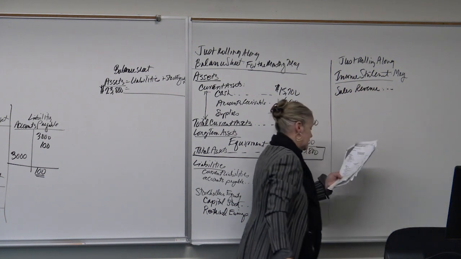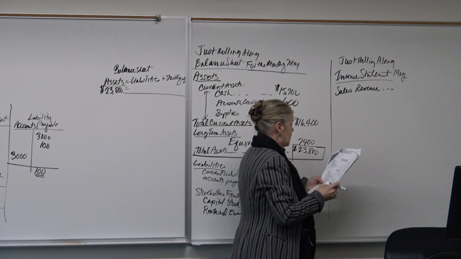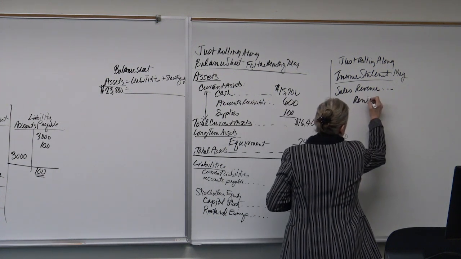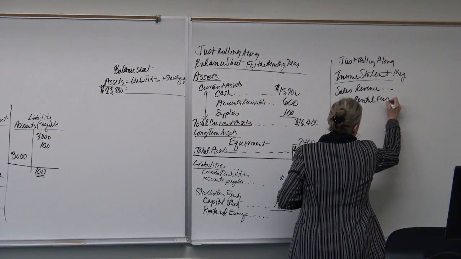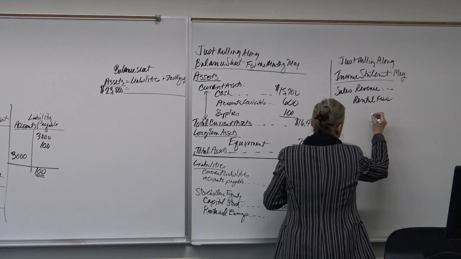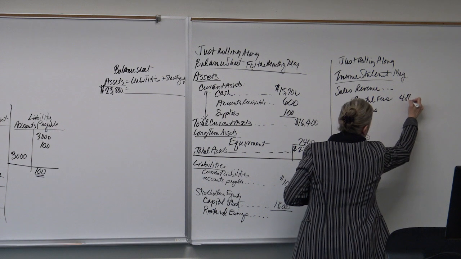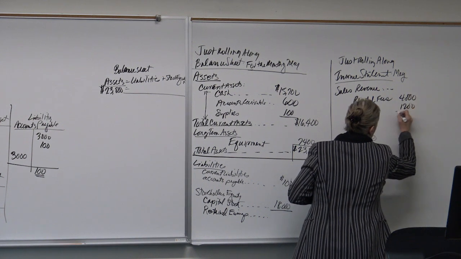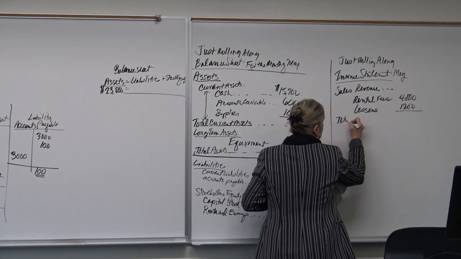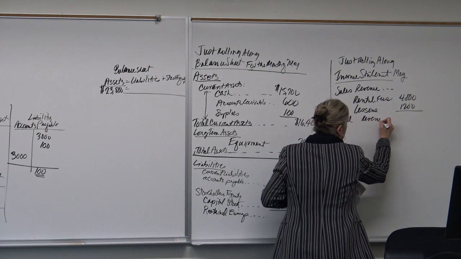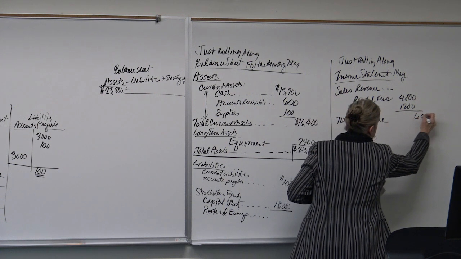We have rental fees, and we also have lessons. So rental fees, $4,800, lessons, $1,200. We're going to add these together, total revenue, $6,000.